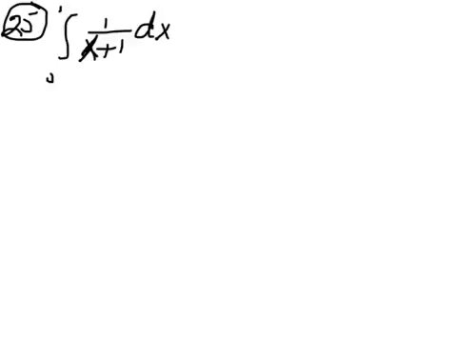I picked 25 because A is the trapezoidal rule, and then B is going to be Simpson's rule. So let's start with the trapezoidal rule. Both of those error formulas are on page 313 in your book, and I'll write it down.